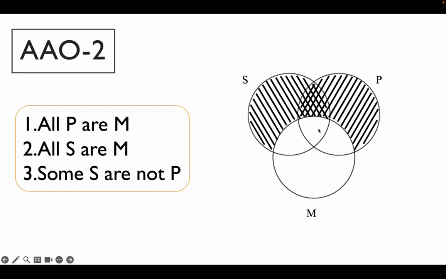No, I cannot make that either, because there will be a place here and a place there. There are 2 places. Therefore, despite the fact that AAO2 has universal premises and a particular conclusion, this syllogism is not valid from the point of view of the modern interpretation, but it's not valid conditionally from the traditional interpretation of logic either. It's just invalid.